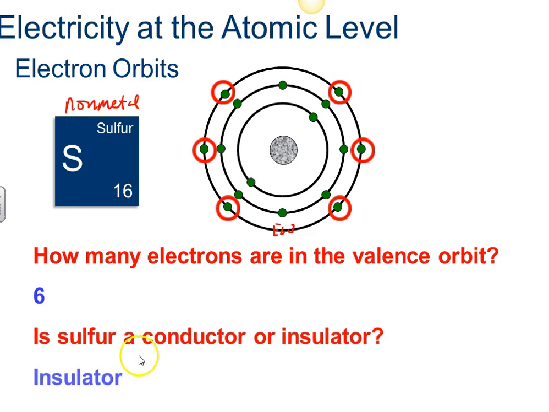And the answer is that it's an insulator, as are most nonmetals. In fact, we'll say all nonmetals are insulators. That's one of their properties. One of the properties of metals is that they're conductors. One of the properties of nonmetals is that they're insulators.